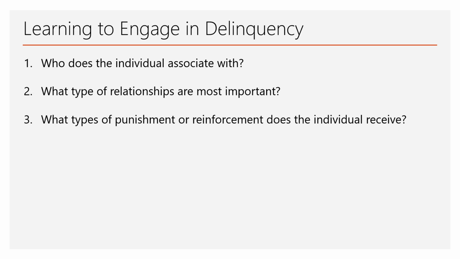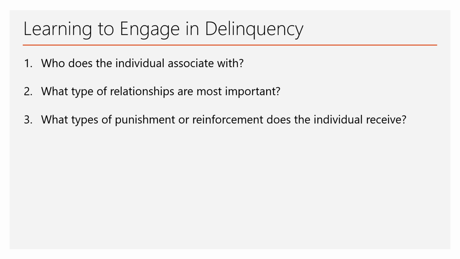When it comes to learning to engage in delinquency, social learning theory asks us to consider the following questions. Who is the person hanging out with? Who you're hanging out with is really important because you're going to model their behaviors. What kinds of relationships are going to be the most influential and important to a person?